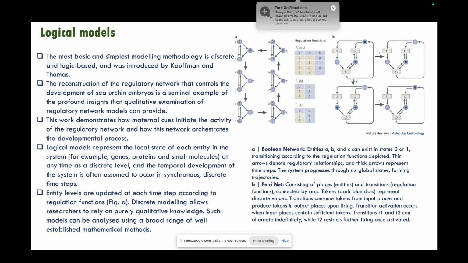So these logical models, or the Boolean models that we see, are very useful, and they make the model much simpler. If you have a system that you want to study, and you do not know much about it, then a Boolean model or a logical model seems to be the correct approach, because not much information is required in that sense.